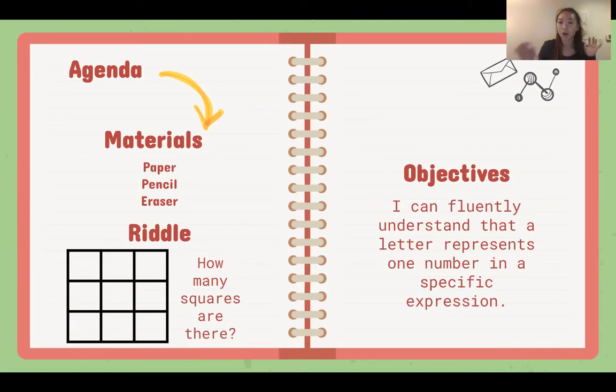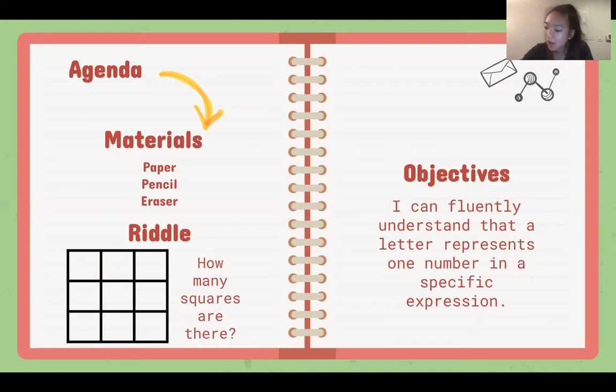But there are more than 9 squares. Some of you may have said there are 10 squares because the border around is our 10th square. So the border is also a square, so that was 10, but there are 4 more.